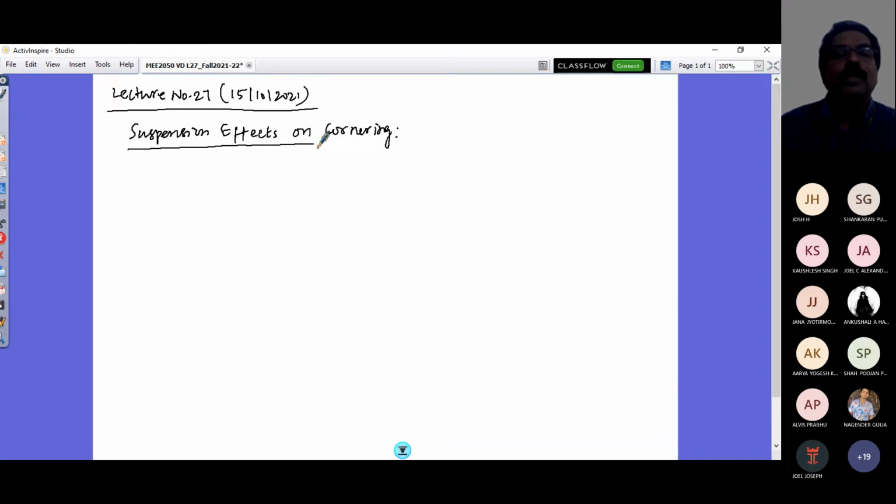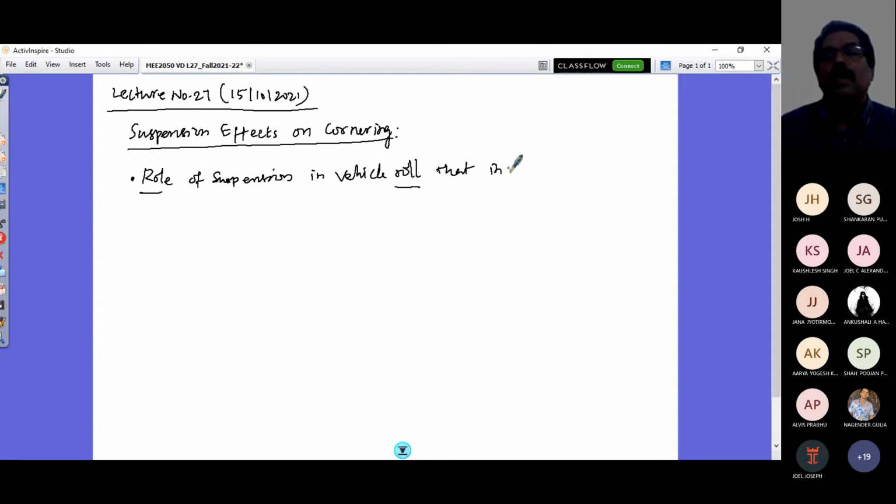What we are going to study is the role of suspension in vehicle roll. Look at this roll and this roll. Vehicle roll influences the understeer gradient. This is what we are going to look at in today's class.